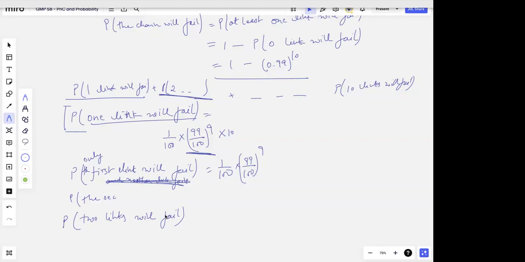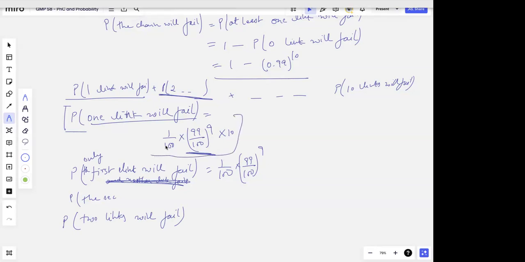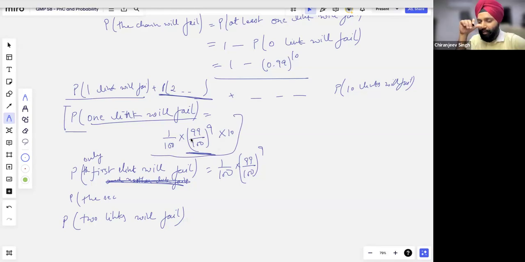So here it will be 1 by 100 into 1 by 100 into 99 raised to 8 by 100, into 10. Not 10 into, but we'll come to two links. But let's first talk about this. So yeah, this is the answer for one link will fail. Any questions, any doubts around this?